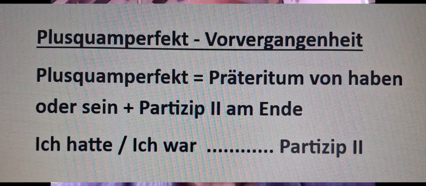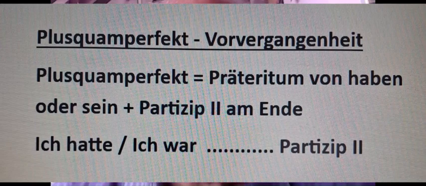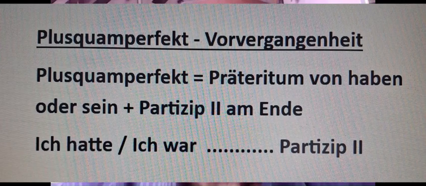Wie bildet man Plusquamperfekt? How is this formed? It's the same as the normal perfect tense. We use auxiliary verbs haben or sein and the past participle at the end. But in the case of pluperfect, we use the past tense of haben or sein, and the past participle is at the end.